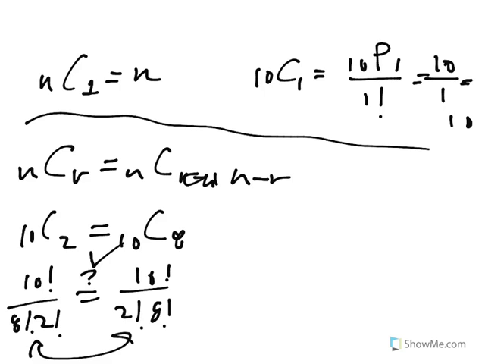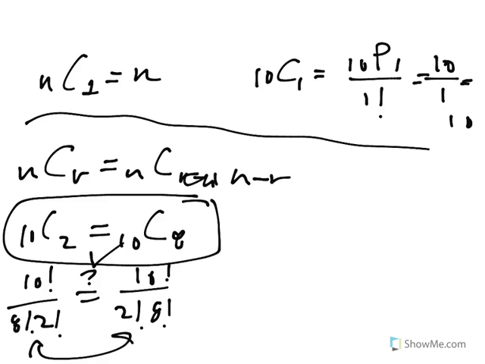If you imagine the ice cream scenario, one person goes in and gets a cup with 2 flavors in it, and someone else gets the other 8 flavors. So for every 2-scoop cup you could make, somebody else could make an 8-scoop cup, and it'd be the same number for each.